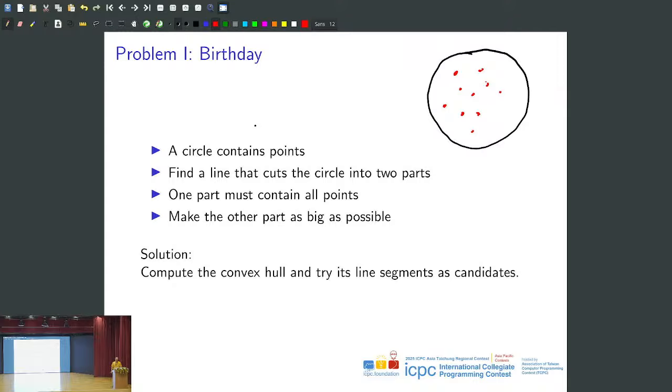The task now is to cut off a piece of the cake. So you can cut off this, and then you take this piece of cake. It's not so big. Of course, when you cut it off, you want to have the cake as big as possible, but there's a constraint.